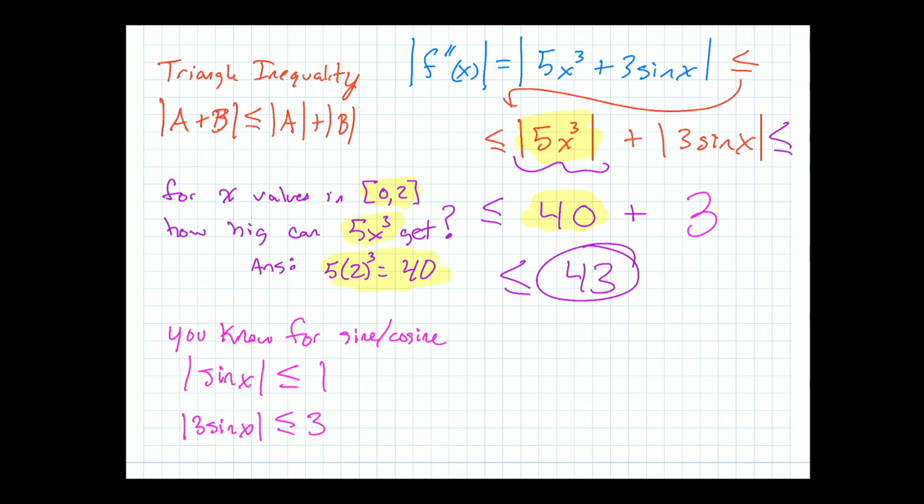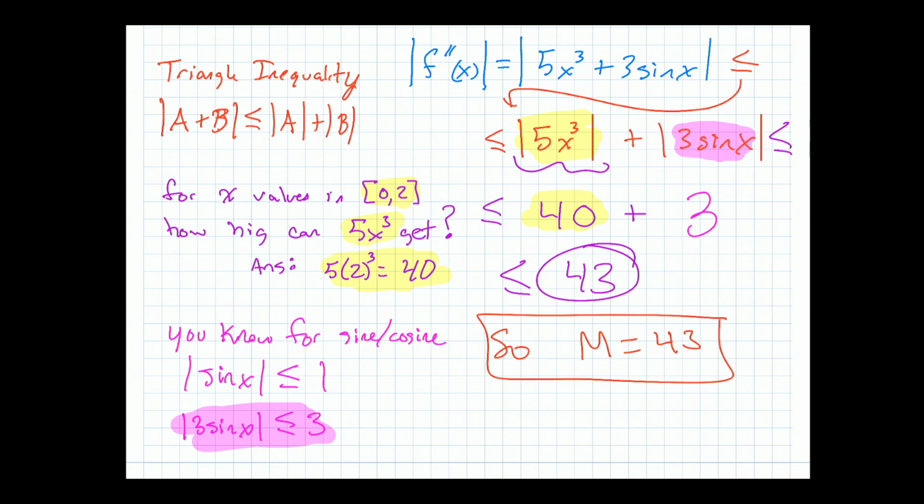And 3 sine x has to be less than or equal to 3. So 40 plus 3, and you get 43. So then the question is, what do you pick for your m? No mystery. That's what you pick. 43 on this problem.